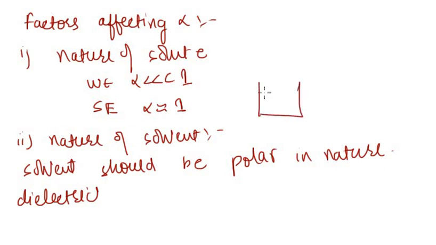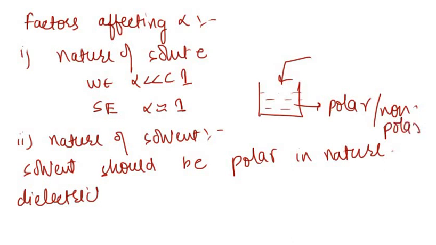Let's take an example, let's say a solvent could be polar or non-polar, let's take all the possibilities. Now we are dissolving an ionic compound, which is obviously polar. So like dissolves like, polar will dissolve in polar. It won't dissolve in the non-polar, so the solvent should be polar in nature.